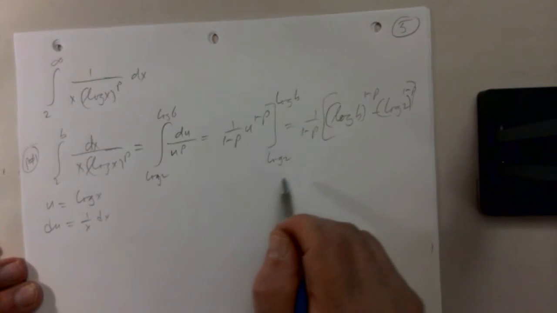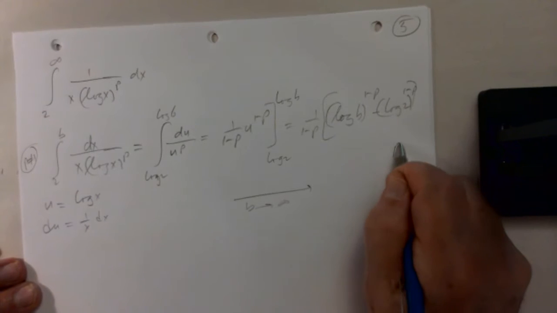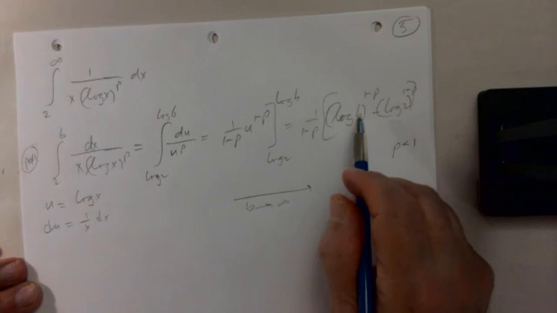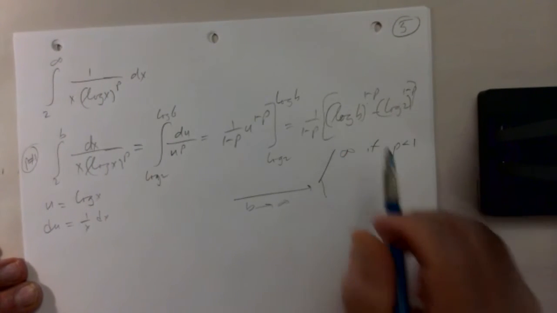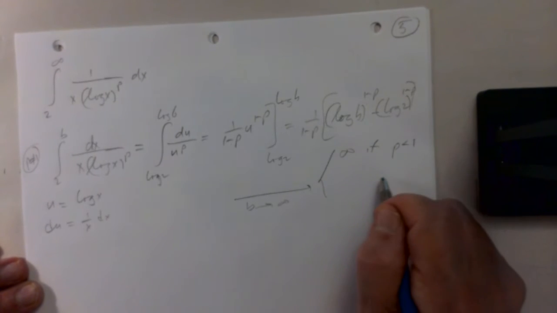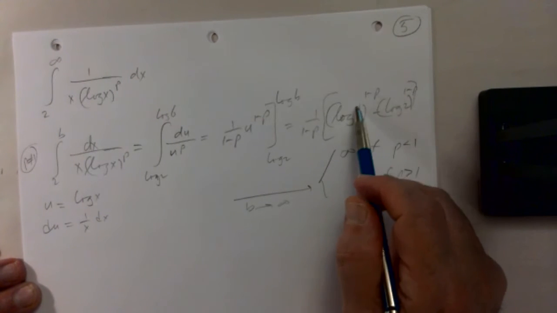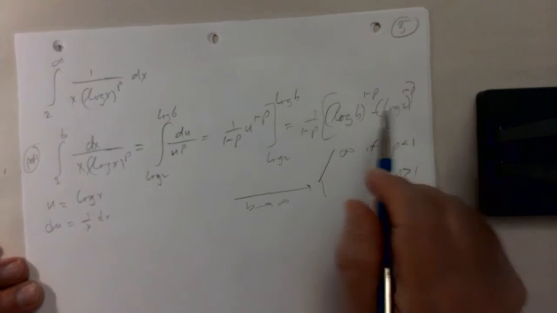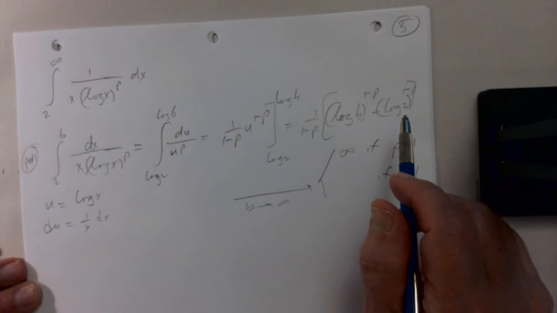Now what happens is b goes to infinity. So there are two cases. If p is less than 1, this is positive, so this goes to infinity. And if p is greater than 1, this is negative. You have 1 over something getting bigger and bigger, and the limit exists.